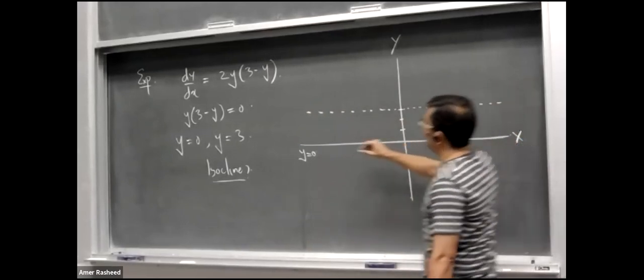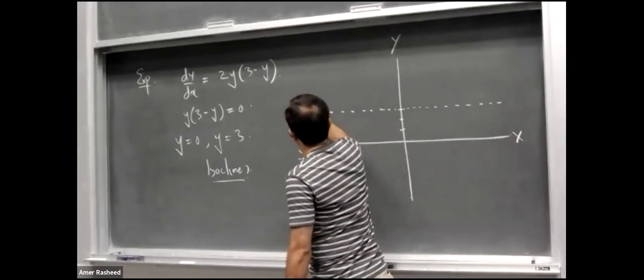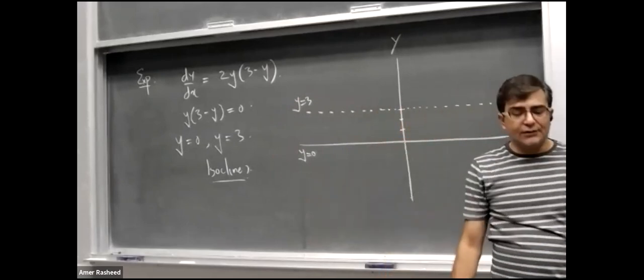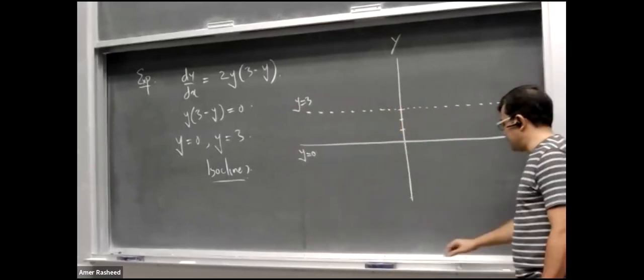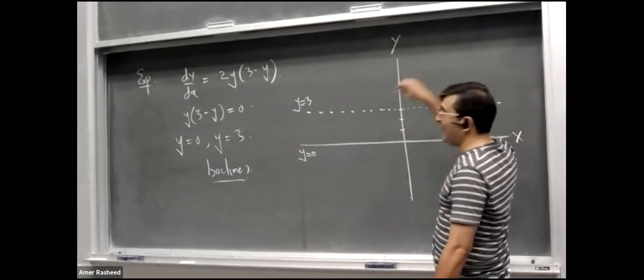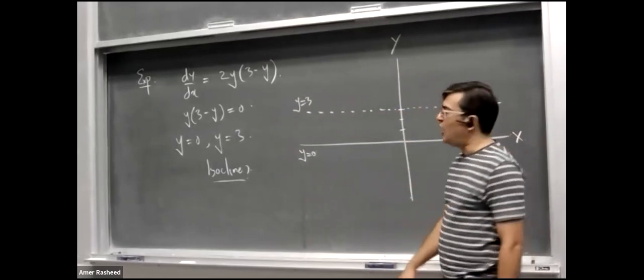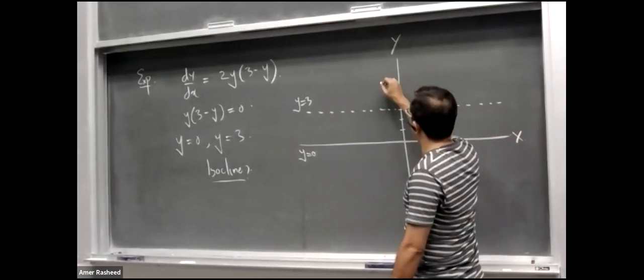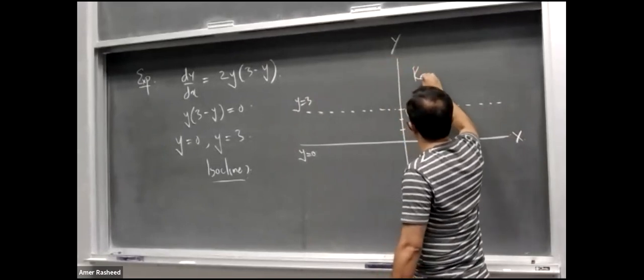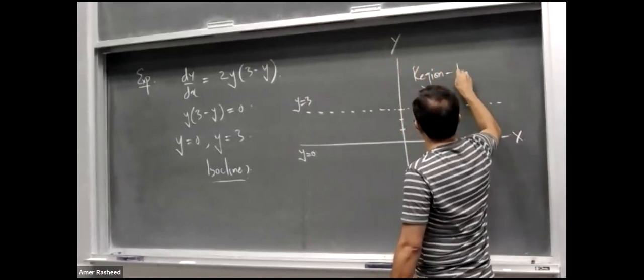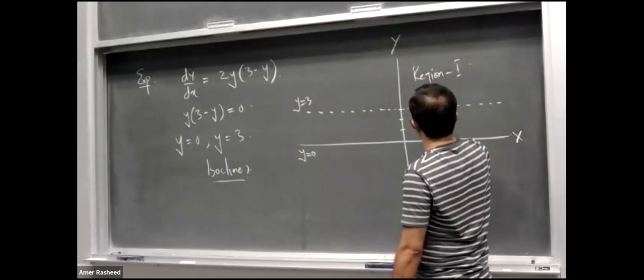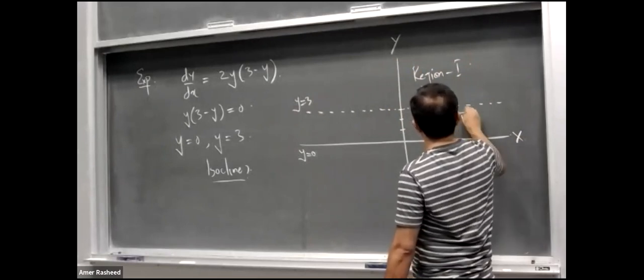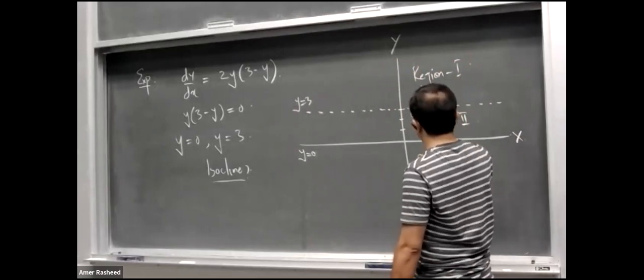Okay, this is y is equal to 3. Now, these isoclines have divided the two-dimensional plane into 3 regions. How many? This is region 1. Okay, this is region 2. And this is region 3.